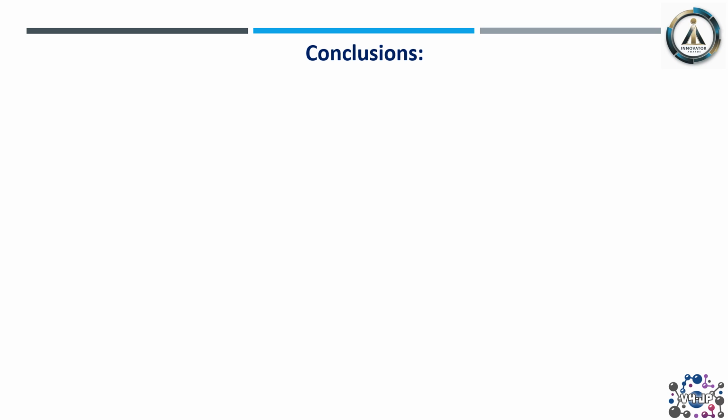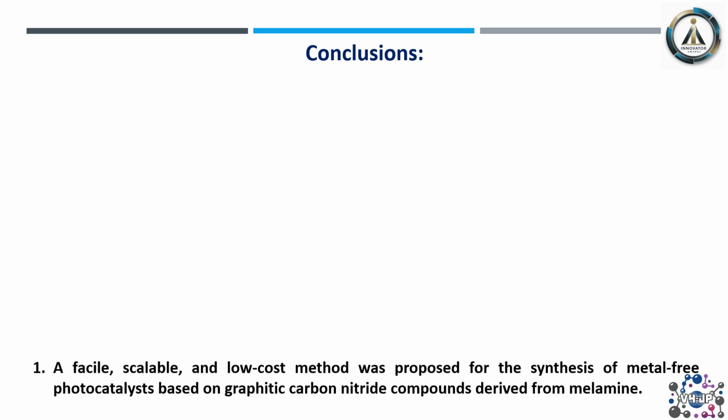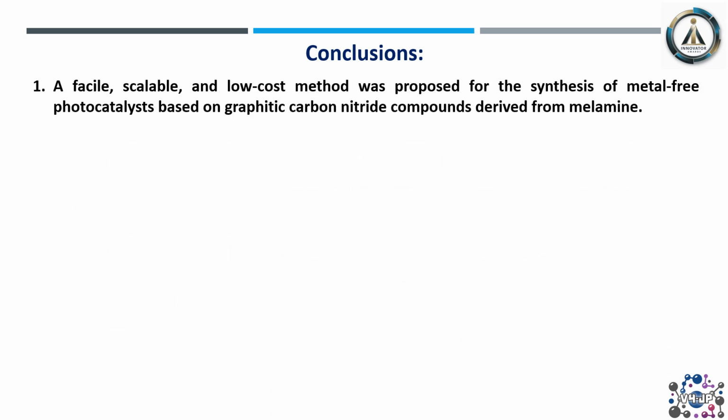Okay, so let's go to conclusions and to summarize my results, which I showed you. So, a facile, scalable, and low-cost method was proposed for the synthesis of metal-free photocatalysts based on graphite carbon nitride compounds derived from melamine.